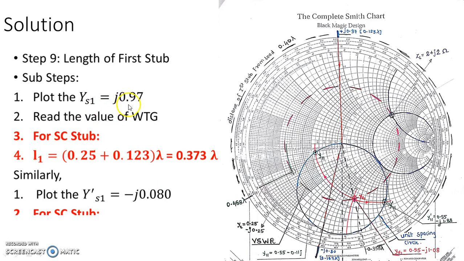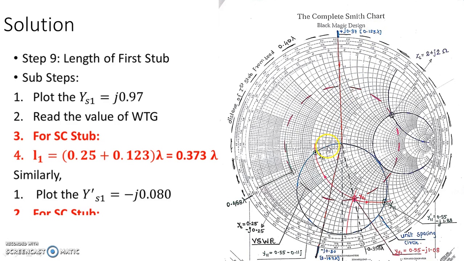So YS1 now is j0.97, which I have plotted. From the center, the value of j0.97 is on the reactance circle over here, and I have plotted a straight line passing through j0.97, and it intersects the wavelength towards the generator scale, and the value comes to be 0.1123 lambda.